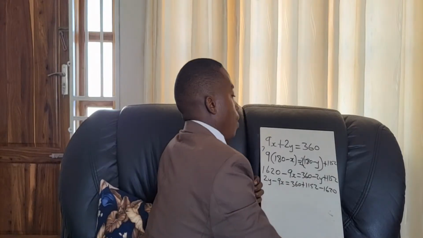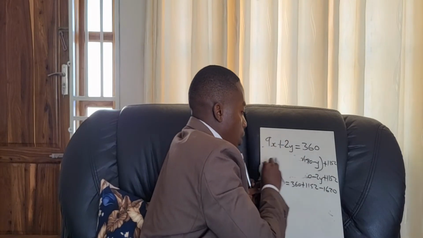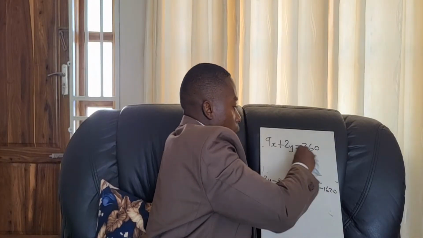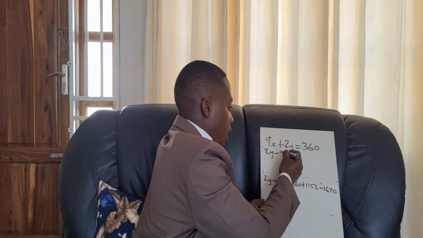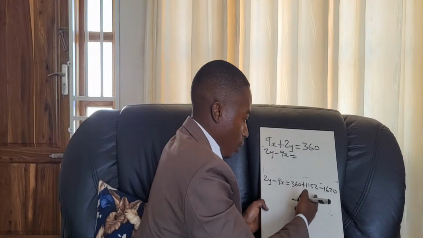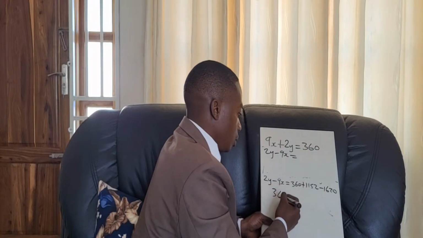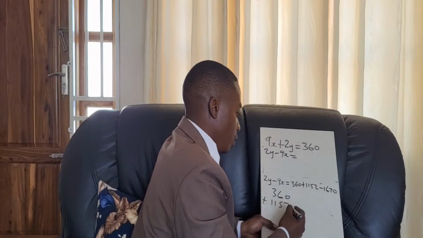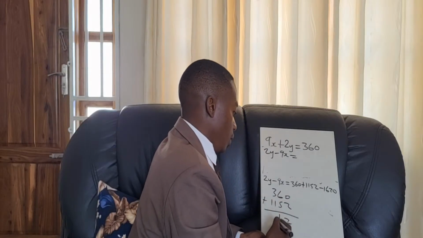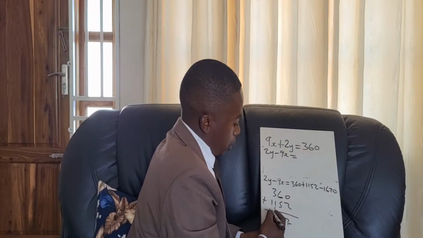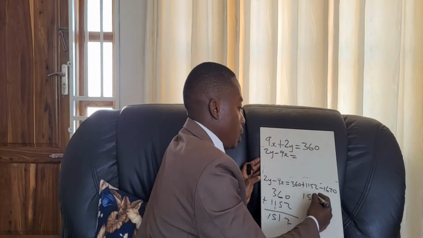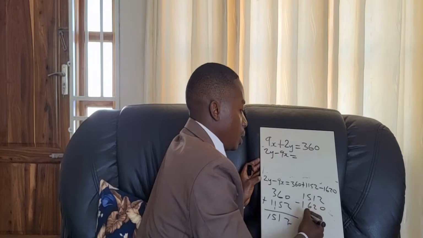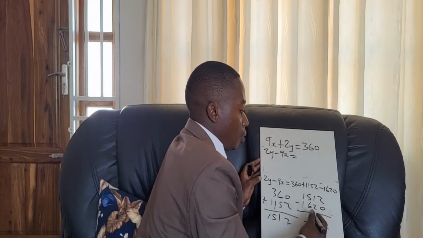Since this paper doesn't allow you to use a calculator, we do this without a calculator. 360 plus 1152 is 1512, then 1512 minus 1620.